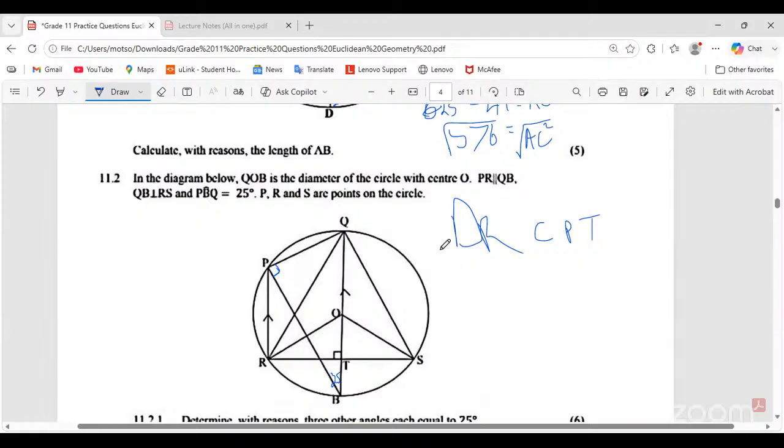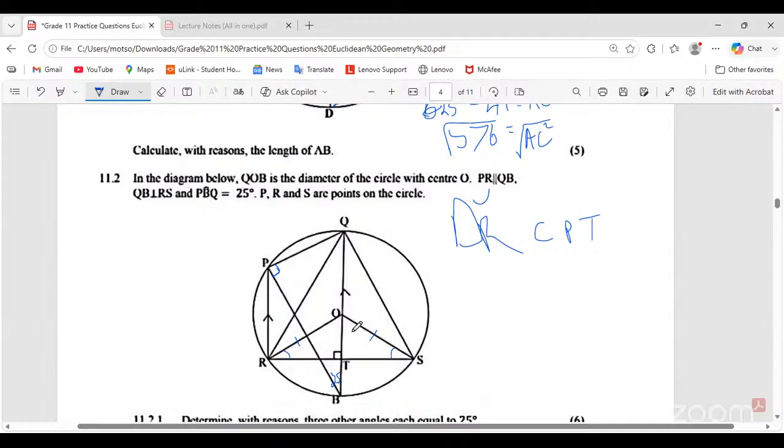Yes. And then we are done with the diameter, now the radius. This is the radius OS and OR is the radius. Therefore, ORS is an isosceles triangle. Therefore, this angle will be equal to this angle. Reason being angles opposite equal sides. Okay.